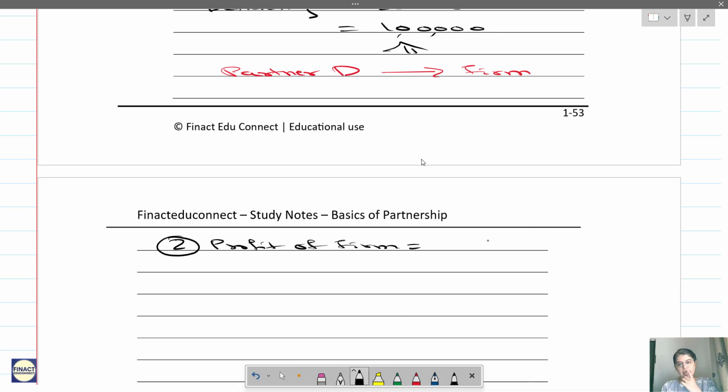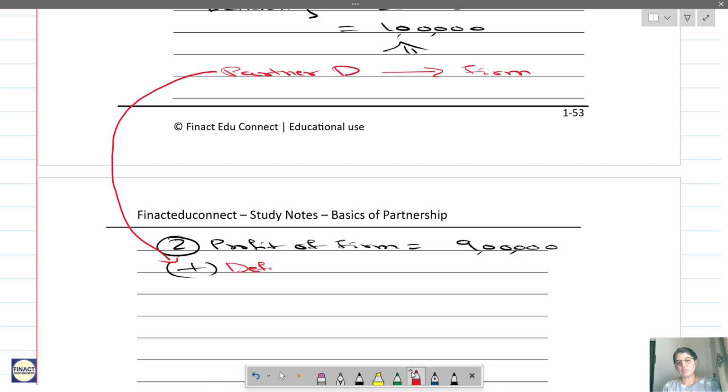Okay, 9 lakhs was the profit, plus whatever deficiency is from partner to firm, this will be given by D to the firm, correct? Okay, so partner D to firm.